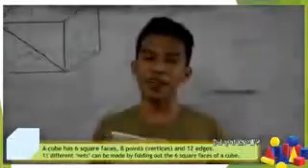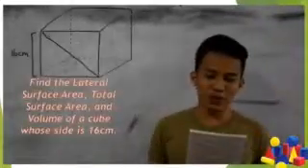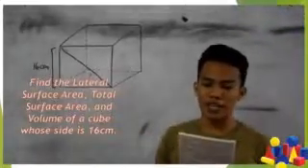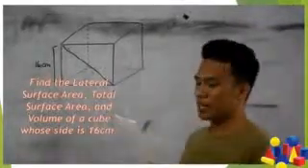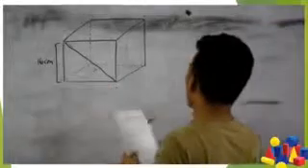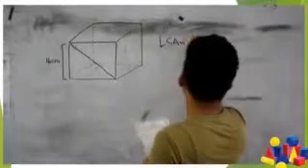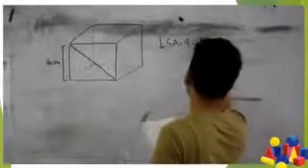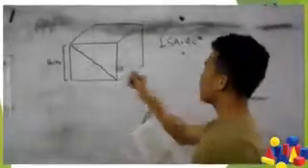After defining and familiarizing all the formulas in solving a cube, now we'll do an example. We are asked to find the lateral surface area, the total surface area, and the volume of a cube whose side is 16 centimeters. So we are going to use the formula for lateral surface area, which is 4s squared. Simply, we will substitute the value of our side, which is 16.